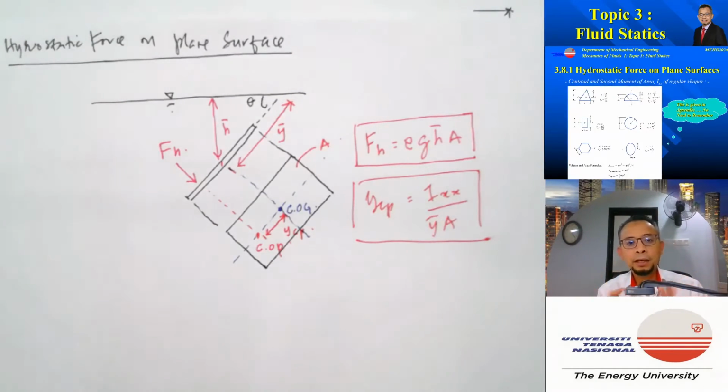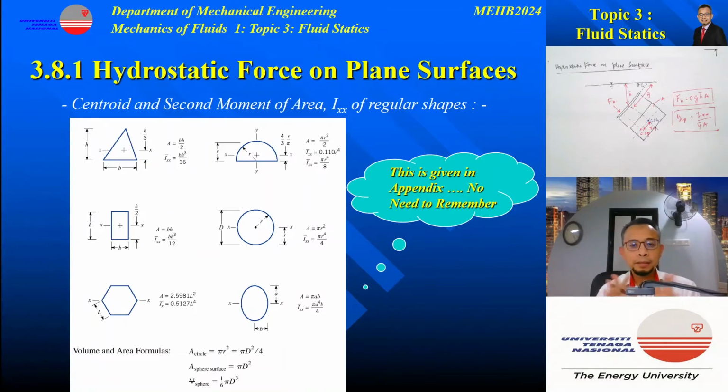If we understand this diagram, we should be able to solve any problem related to hydrostatic force acting on a plane surface. The second moment of area, Ixx, is dependent on the shape of the surface, and there are formulas available which allow you to obtain the locations of the centroid and the expression for Ixx.